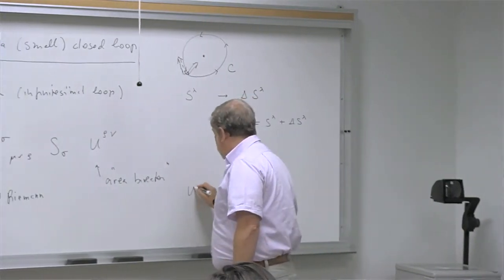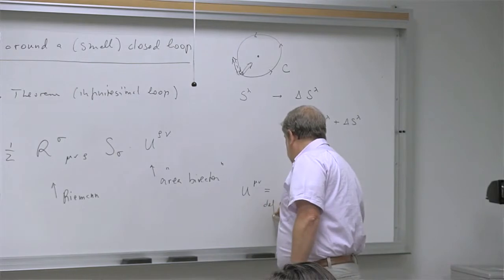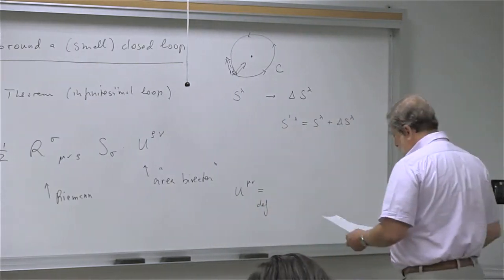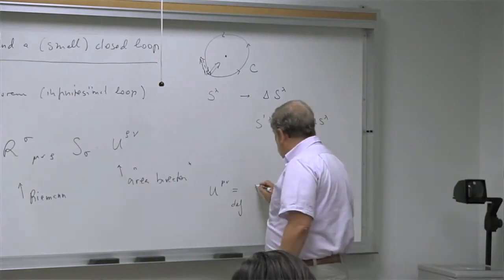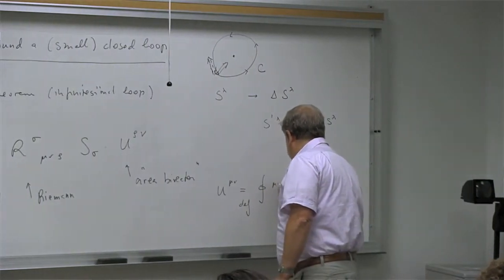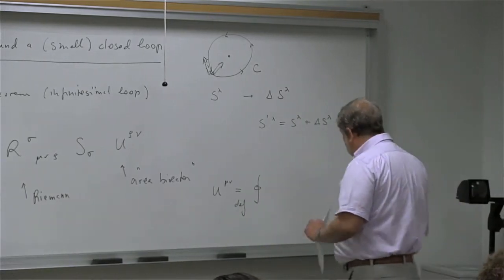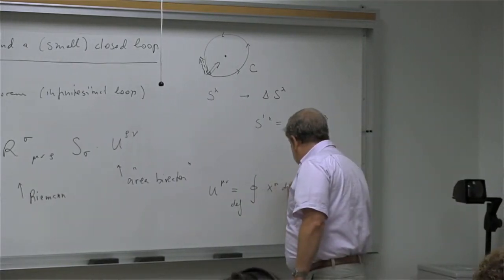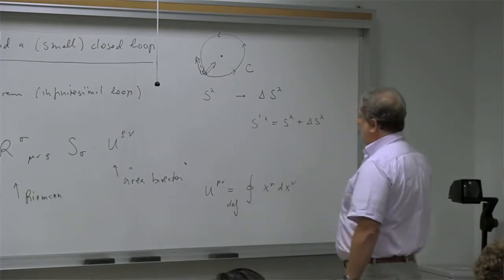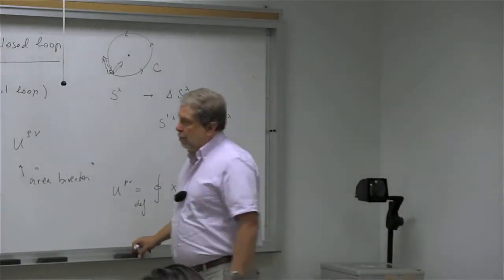So this area bivector, U mu nu, is defined as the integral around this closed path of x mu dx nu, like this.